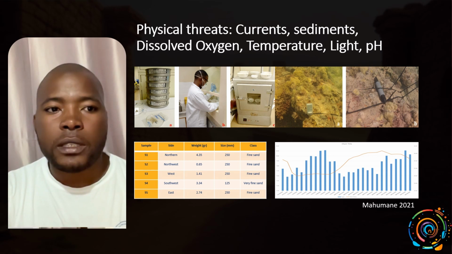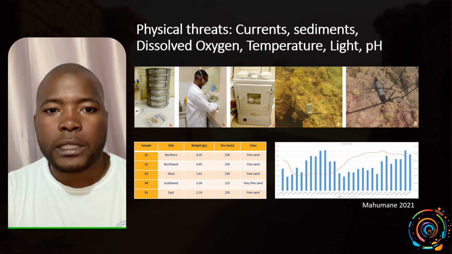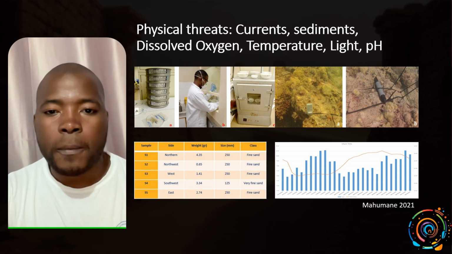So here we can see an example of the study of these threats to the underwater cultural heritage in Mozambique, where we conducted environmental studies looking to the dissolved oxygen, the temperature, light, pH, the speed of the currents on a site to get an idea of how the changing of these aspects are affecting the shipwrecks.